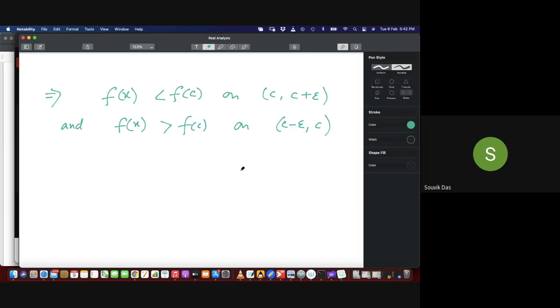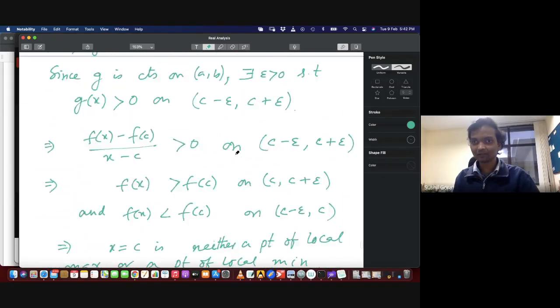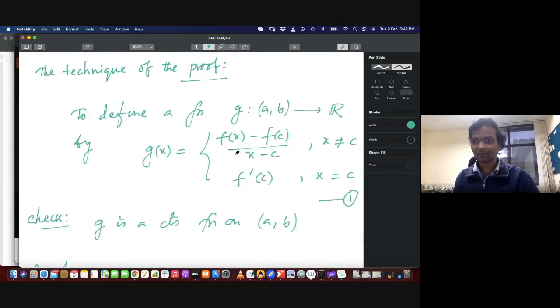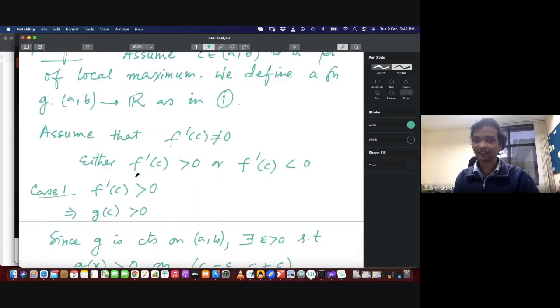Sir, I couldn't understand why g of x is becoming positive if f dash c, or g of c, is positive. Yeah, because of continuity, right? So what is f dash c? It is g of c at x equal to c, right?